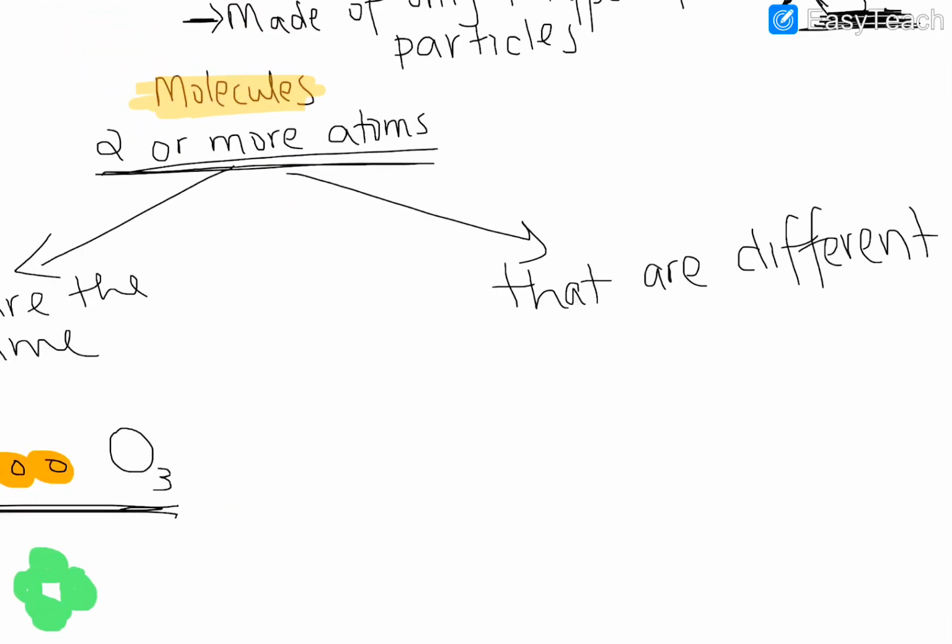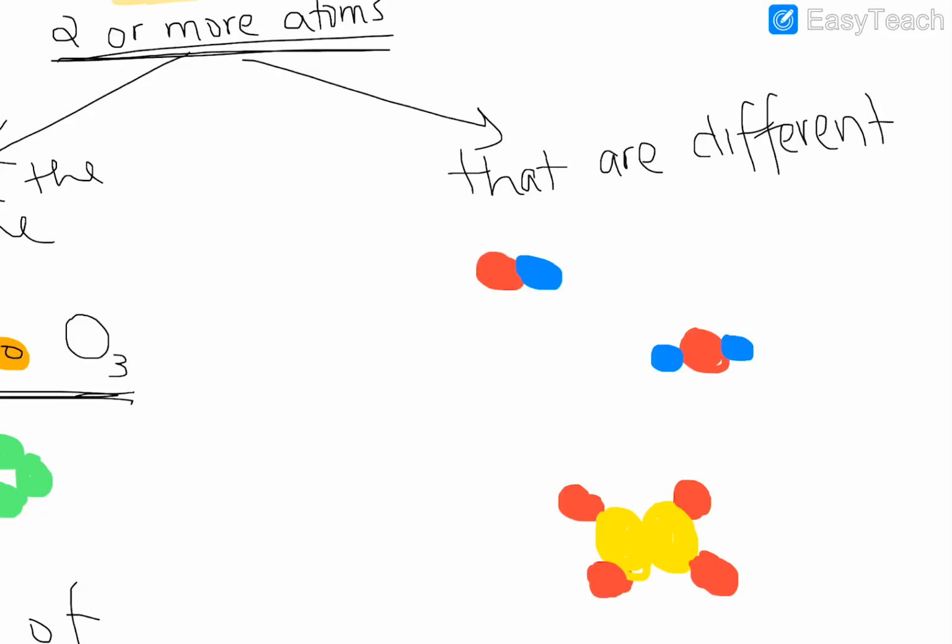Now, in the case where the atoms are different, you see that you have one type of atom and then another type of atom. So let's say this is H and Cl. This is a molecule. It consists of 2 different types of atoms.